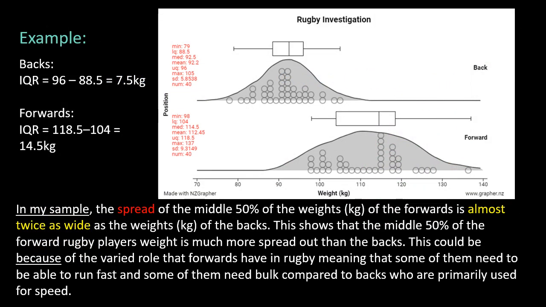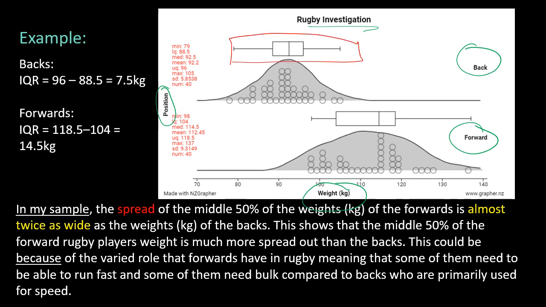So if we look at this example here, this is a pretty good graph, right? We've got a rugby investigation. We can see that we're looking at different positions. Here we've got the backs and the forwards, and we're looking at the weight of the people in those positions. Okay, so this here is enough to show us achieved, right? We've got our box plots, we've got our data underneath, we've done well to get achieved.